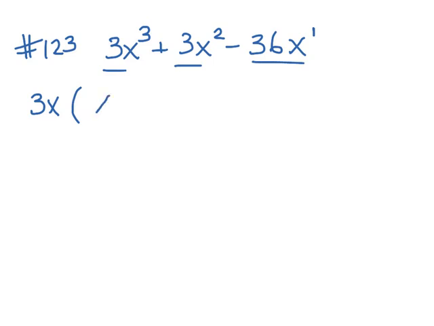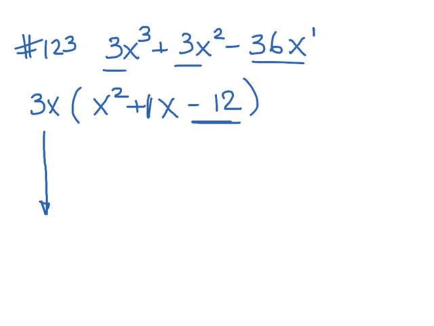So now I'm left with x squared plus x minus 12. So that's my new problem. So I usually just keep my 3x. I know that that's going to go all the way down there. Now I'm going to be looking for factors of negative 12 that add up to positive 1, right?